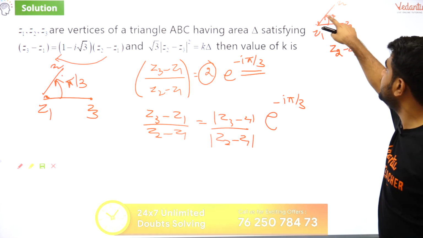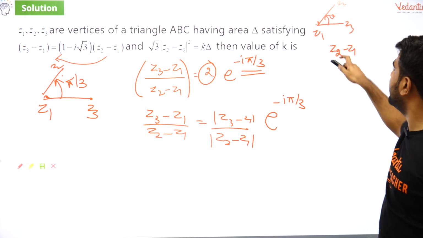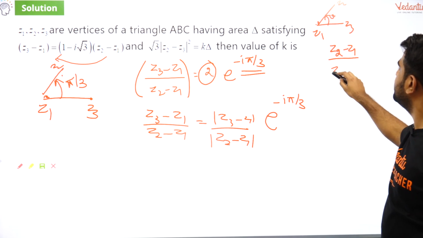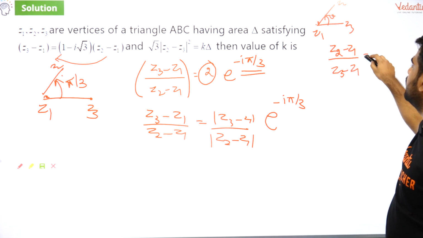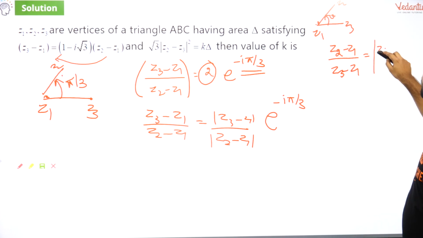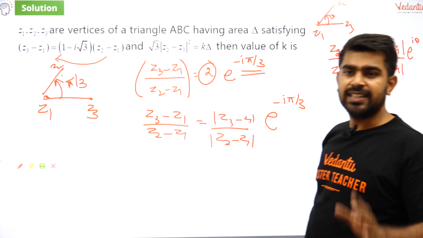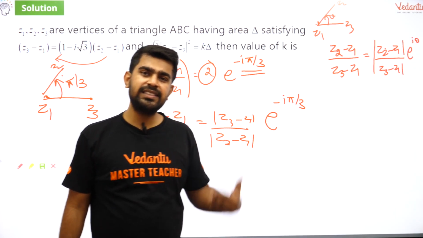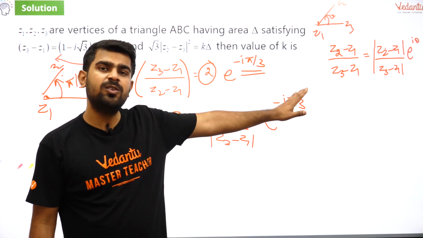Okay guys, wherever the arrow points to first, I will write that, and then I will divide by Z3 minus Z1. That will be equal to the ratio of their modulus. What is the ratio of the modulus? Mod of Z2 minus Z1 divided by mod of Z3 minus Z1 into e raised to the power i theta. That's it. That is all about rotation guys. It's very simple. Just follow this rule, you will never go wrong.